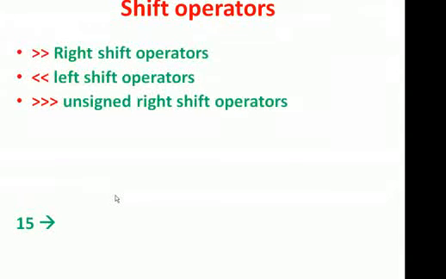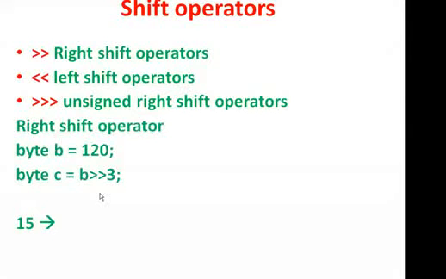Coming to the shift operators, these operators work on binary bits. The first one is the right shift operator, the second one is the left shift operator, and the third one is the unsigned right shift operator. When it comes to the right shift operator, for example I have declared byte b is equal to 120 and byte c is equal to b right shift 3.